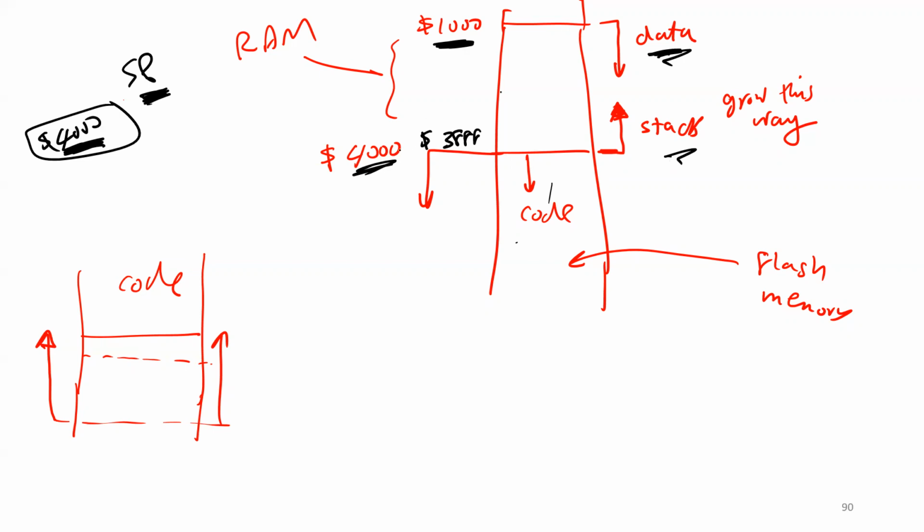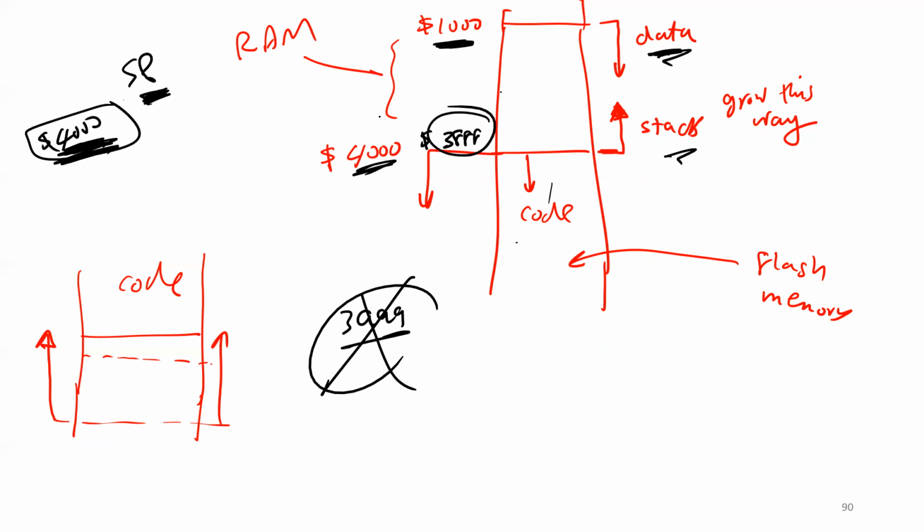The address before 4,000 is not 3,999. That's at Walmart, where it's going to be 399. This is decimal, which is what we use. But in computers, the number before 4,000, because it is hexadecimal, should be 3FFF. Is that okay? So when I say the beginning of the stack is 4,000, the real beginning should be 3FFF.